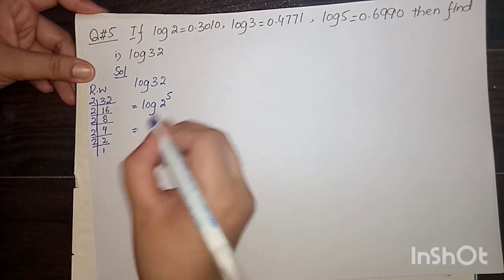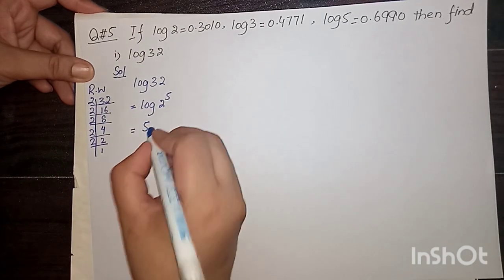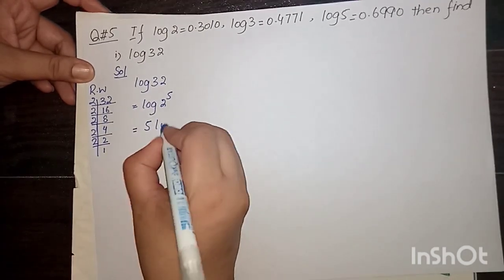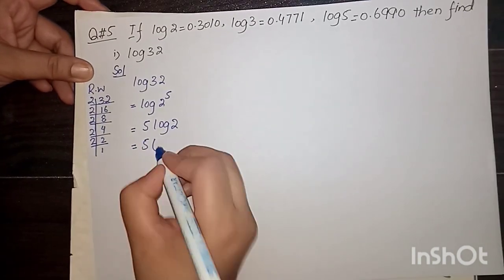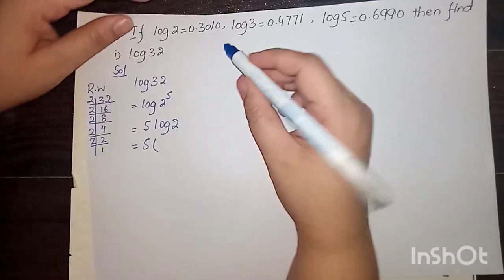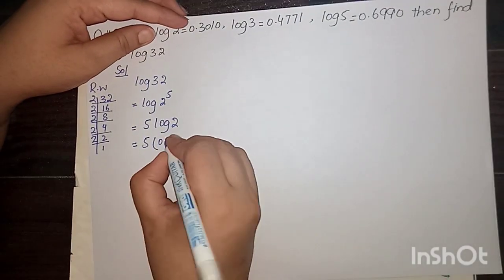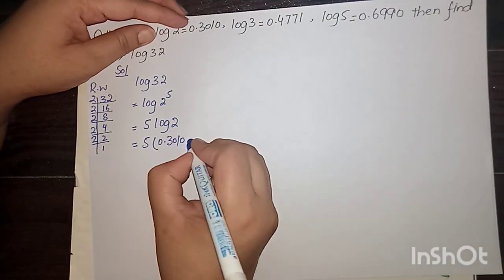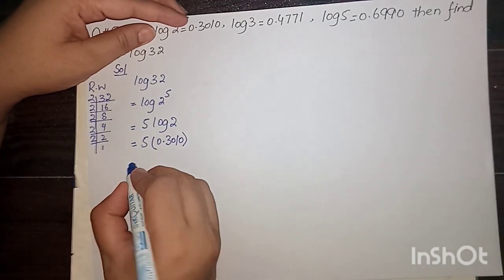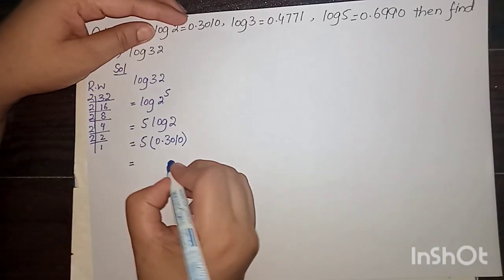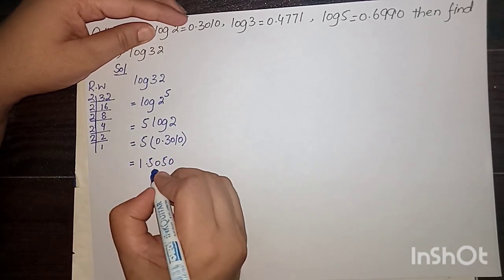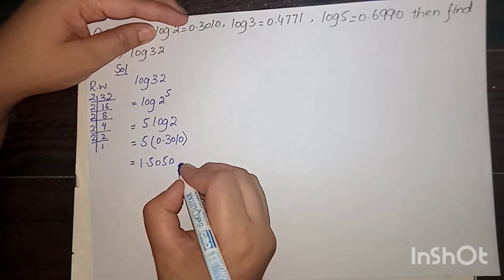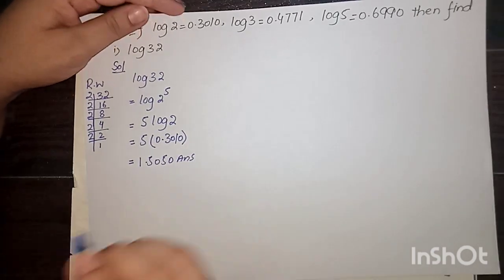By using the power rule, 5 is written before the log, so 5 log of 2. We know the value of log of 2 is 0.3010. After multiplication, the answer is 1.5050. So this is my answer.